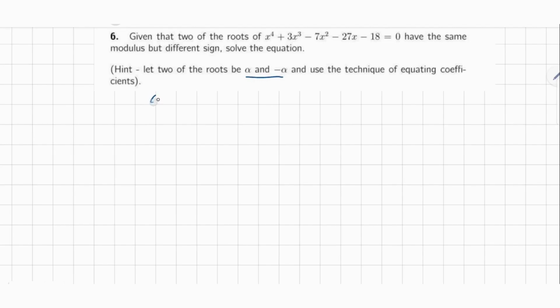We can write it in the following format, where alpha and minus alpha are roots of the polynomial.